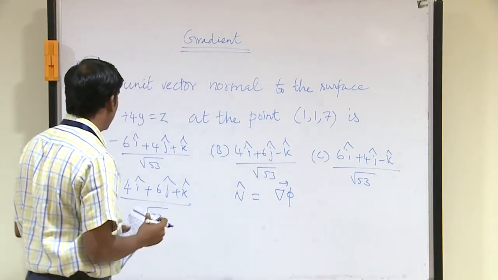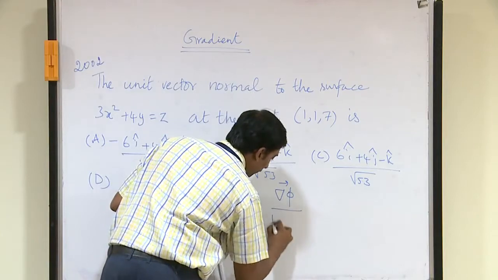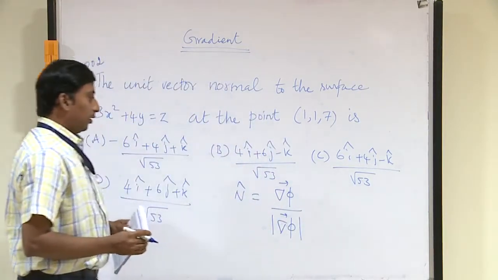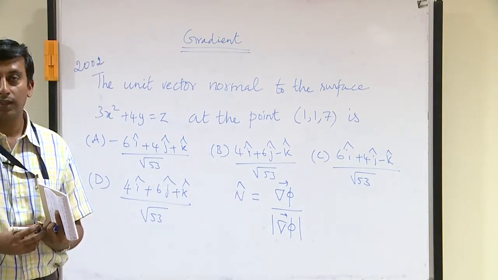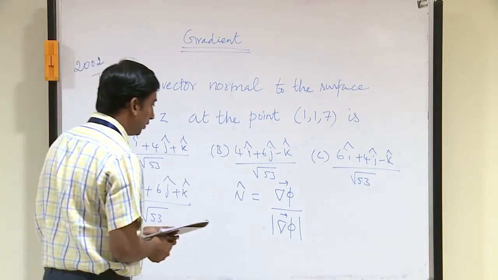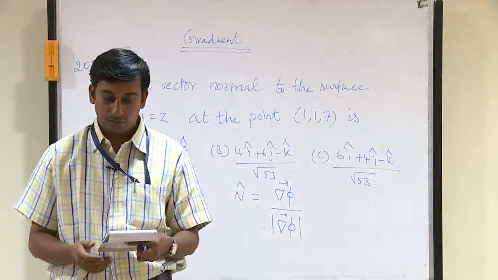The normal unit vector will be the gradient of phi, normalized. Here it's not directly given, so fine. So what do you need to do? You need to normalize the result which you are getting. So this is the definition of the normal vector.